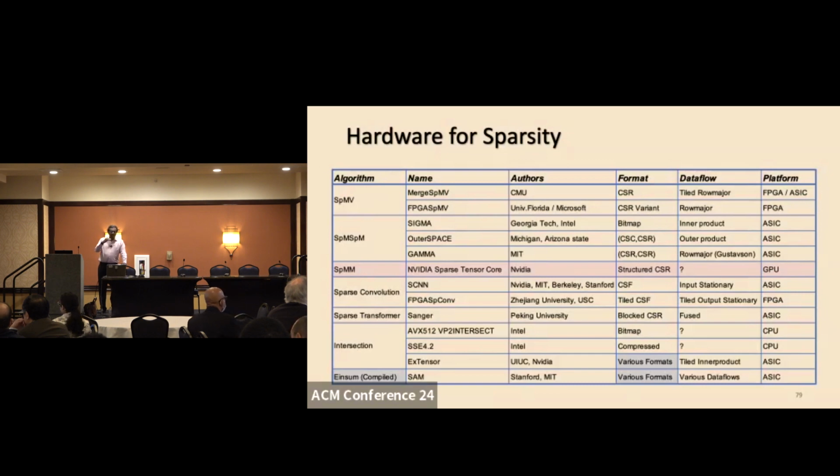There are other systems that have done more complicated things. And recently, the Stanford and MIT SAM system is trying to do this for compiled generic einsum expressions for many different formats, and they're building a CGRA ASIC to do that. But still, there are a lot of opportunities to do this code generation.